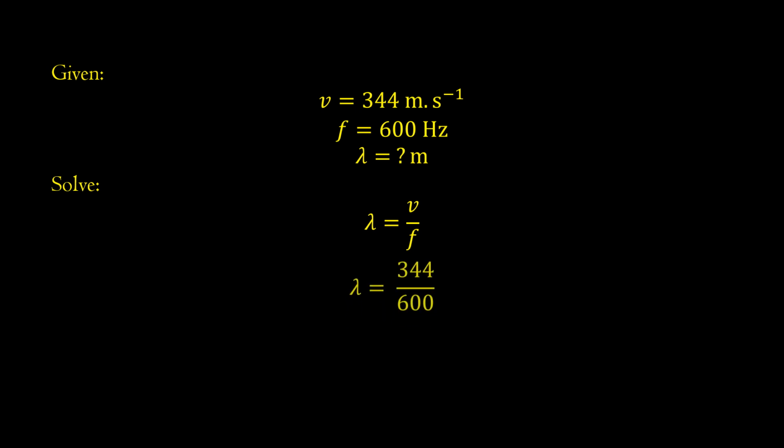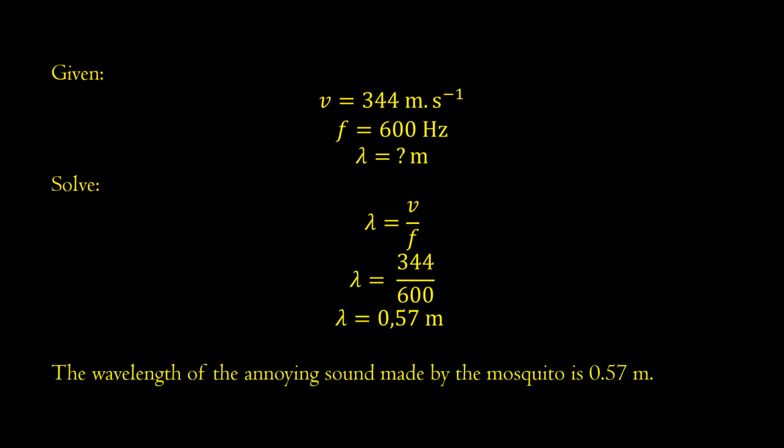If we substitute the known values of the speed, which is 344, divided by the frequency, which is 600, you put that in your calculator, you'll find that the wavelength of this sound made by this annoying mosquito while you sleep at night is actually 0.57 meters. Therefore, we can say that the wavelength of the annoying sound made by the mosquito is 0.57 meters.